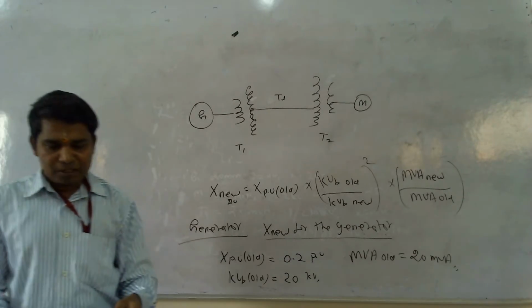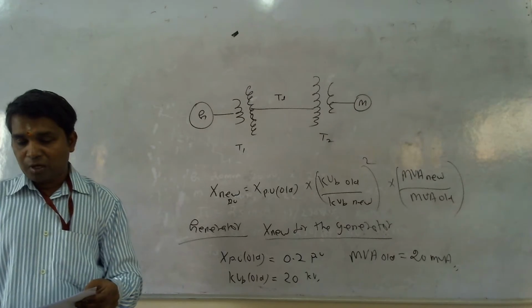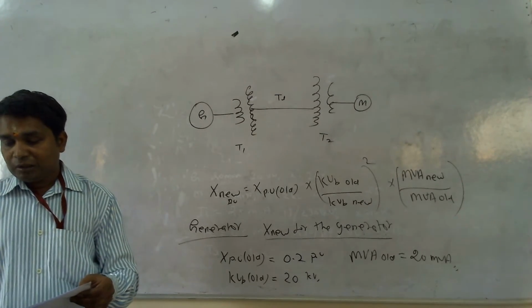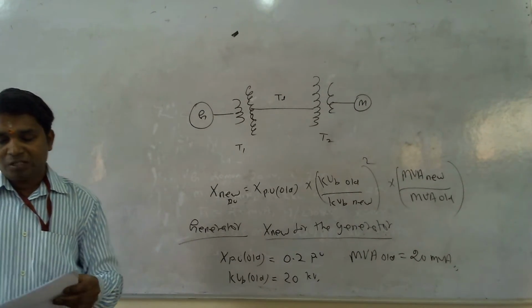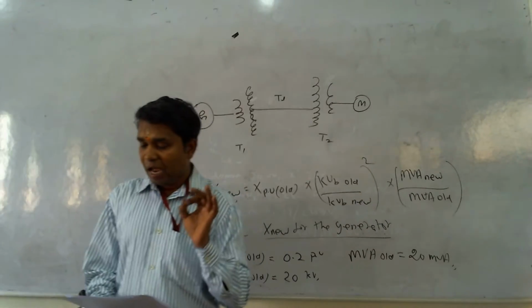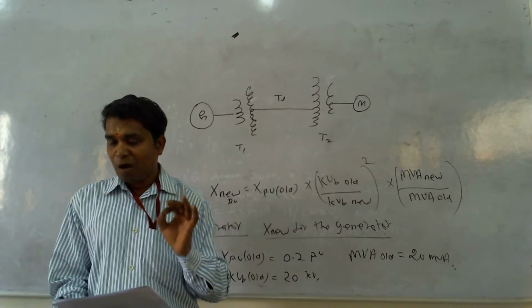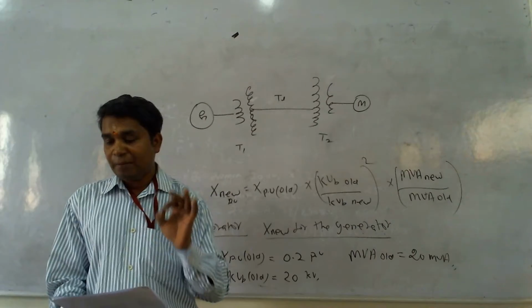In this system it's given: draw the diagram for the power system. Use a base of 50 megavolt ampere, 30 kilovolt in the 30 ohm line. It means they have given the instruction that we have to take the base value of 50 megavolt ampere. So this is the new value for the megavolt ampere.